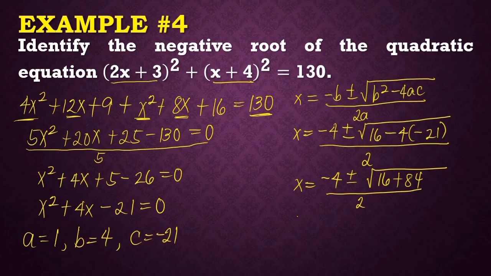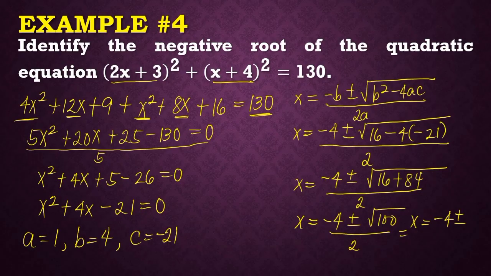Next, x equals negative 4, positive negative 100 all over 2. Next, x is equal to negative 4, positive negative, square root of 100, that is 10 all over 2. So, dito natin isulat, dito banda.